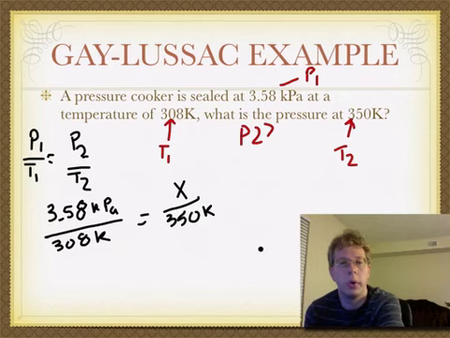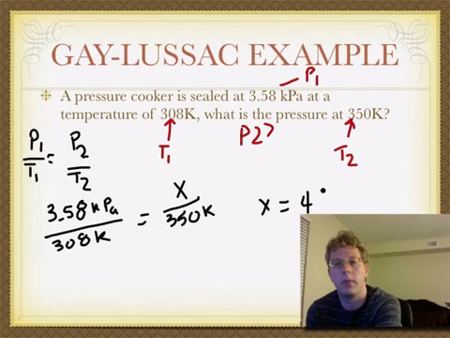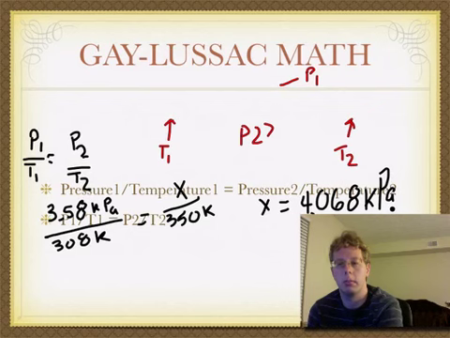Okay. So when we go to solve for x, this is going to be 3.58 times 350 divided by 308 to isolate the variable, and that's going to give us a final answer of 4.068 kilopascals.